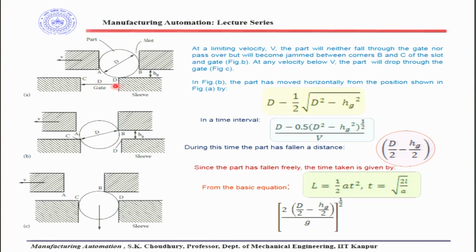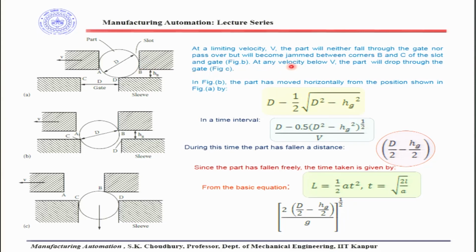This is the external gate. So if the velocity is at a limiting velocity, the part will neither fall nor go through. It will be clogged here, jammed between the corners B and C of the slot and the gate.